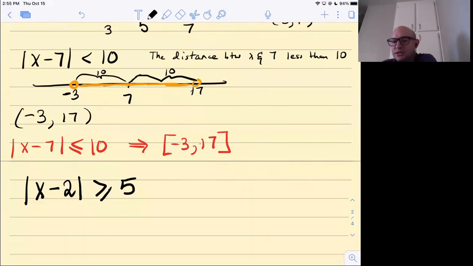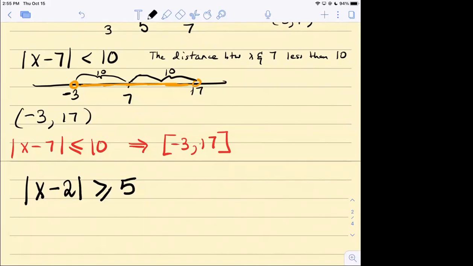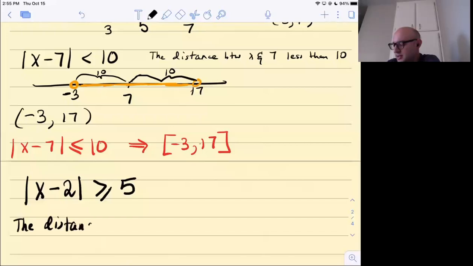Gabriella, do you want to volunteer and say what sentence you got? Sure. The sentence I put was the distance between x and 2 is greater than or equal to 5. Awesome. The distance between x and 2 is greater than 5.